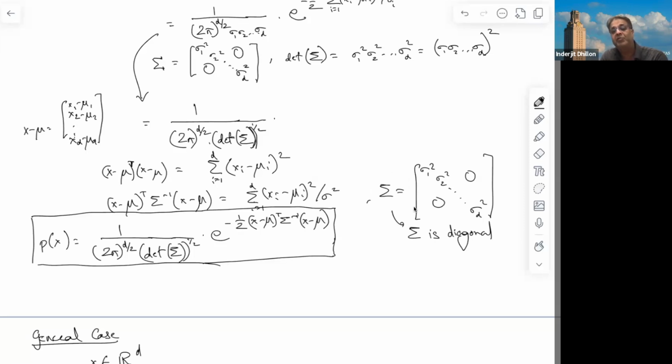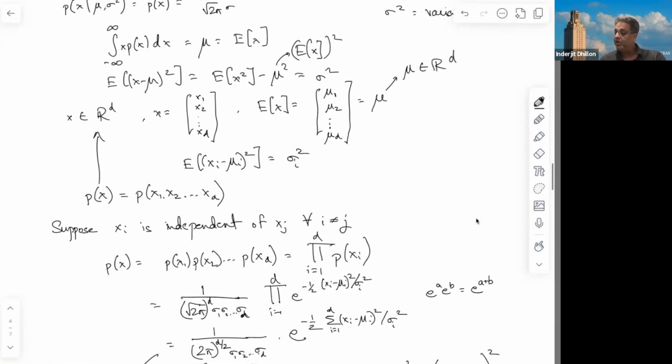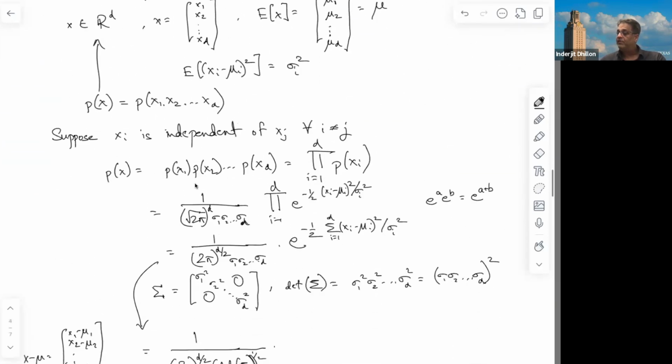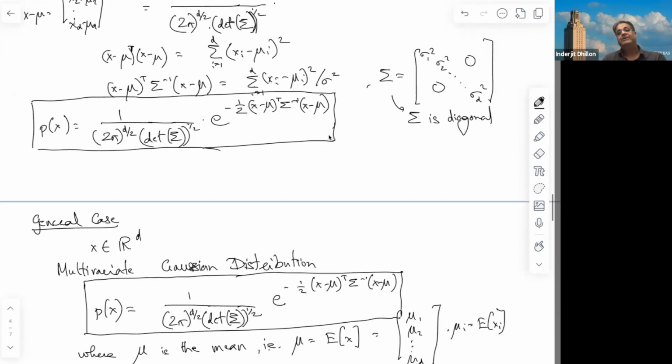Of course, sigma is special over here, it's diagonal. And remember that earlier we also showed that when Xi and Xj are independent, then the covariance of Xi and Xj is equal to 0. So you can make sense of why sigma is diagonal over here.